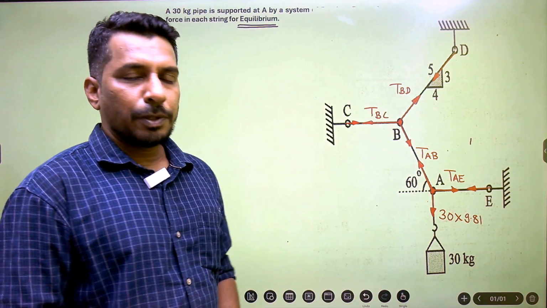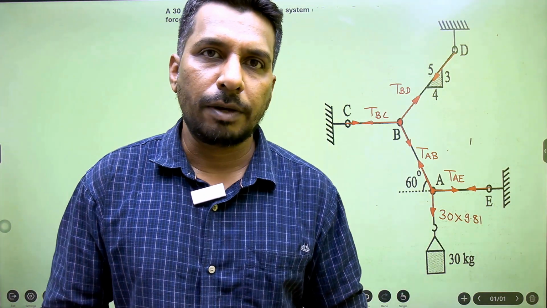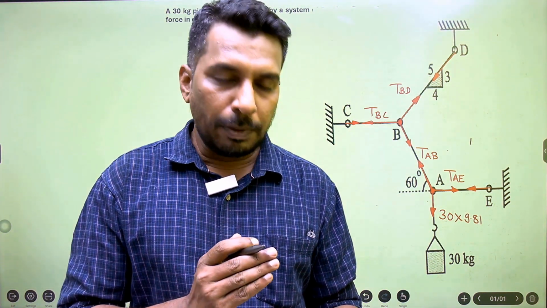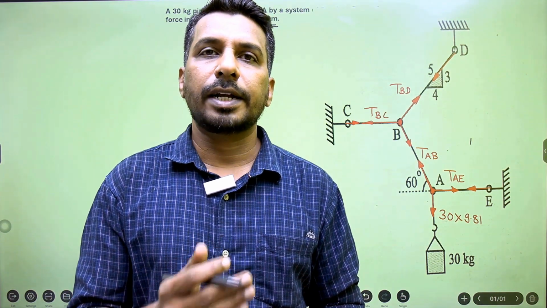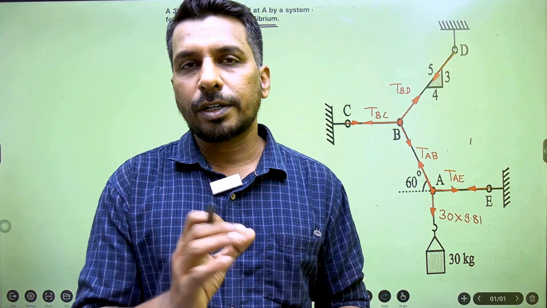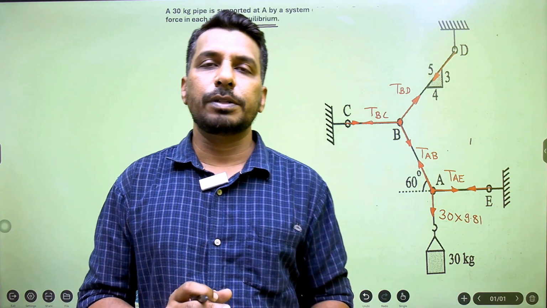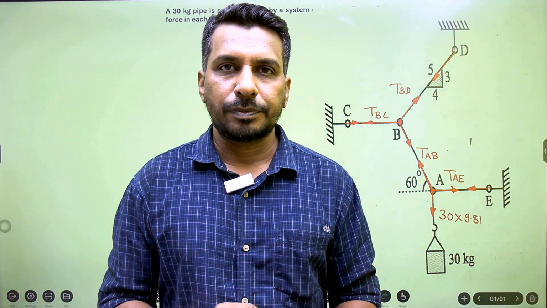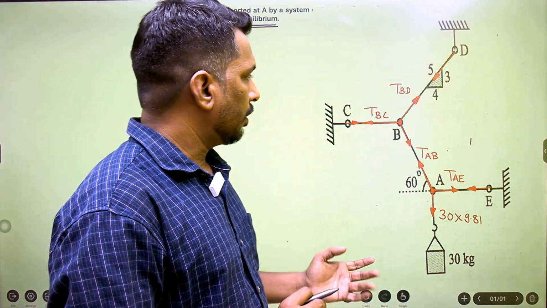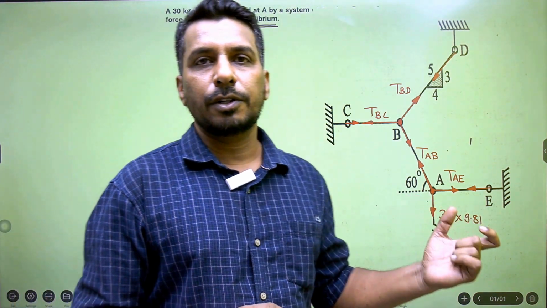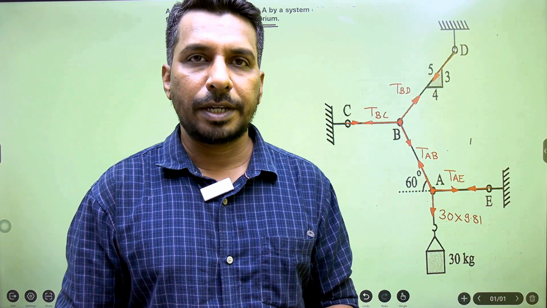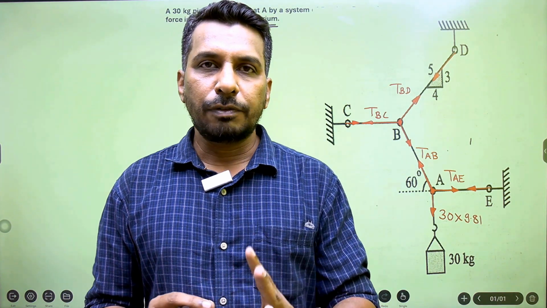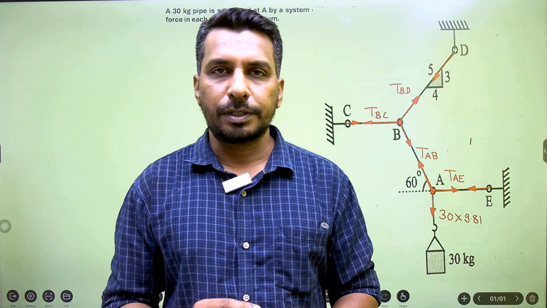Before proceeding to solve this problem, we have to decide with which point we can proceed. Now this problem comes under equilibrium, and secondly it comes under a concurrent force system. Concurrent force system means a number of forces are passing through a single point. Here this case we have taken in order to understand Lami's theorem application, and in Lami's theorem we have to consider 3 forces passing through a single point.